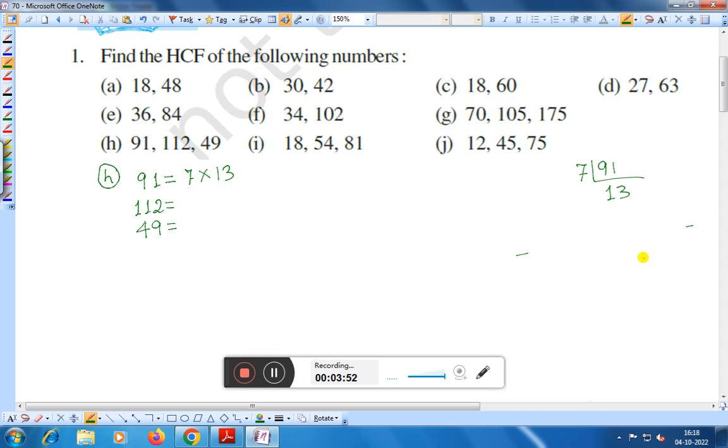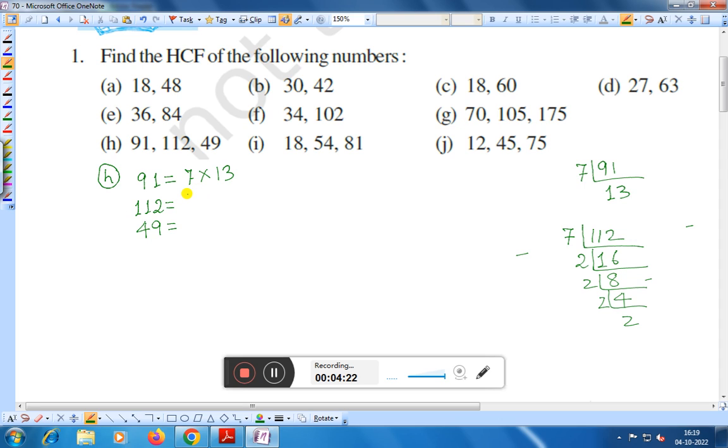Next is 112. Divided by 7, we get 16, since 7 times 16 is 112. Then 16 is 2 into 2 into 2 into 2.